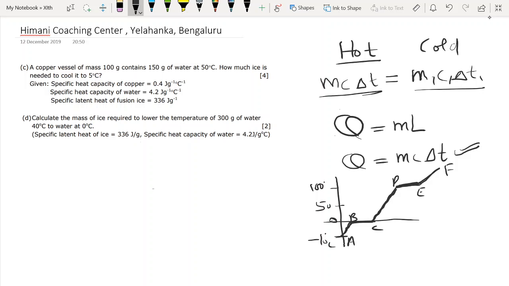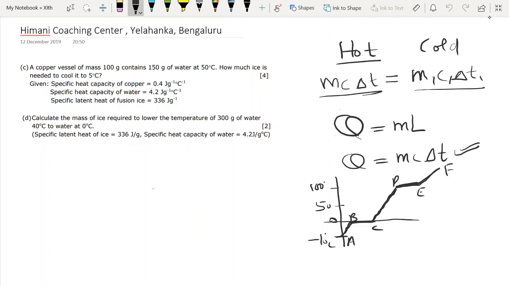Please understand, whenever there is the reverse flow, which is steam being condensed to become liquid and then liquid being condensed to become ice, the same thing happens in the reverse direction.